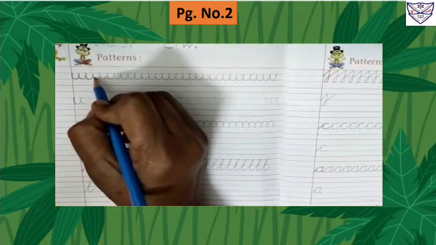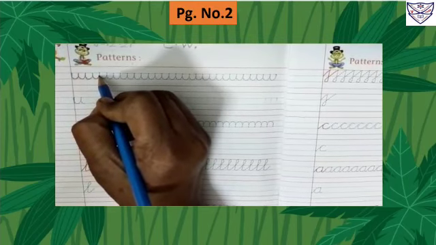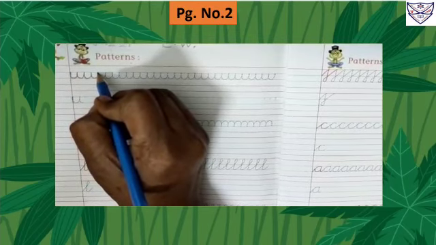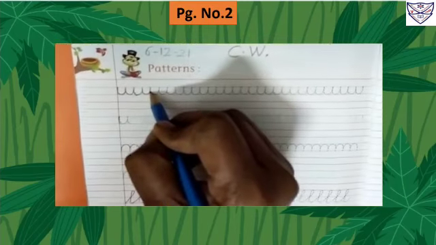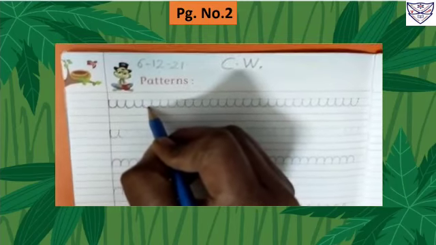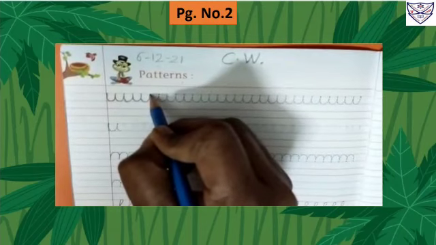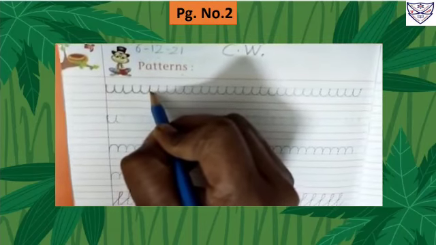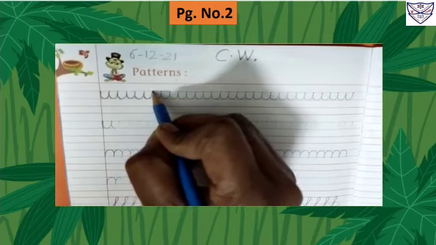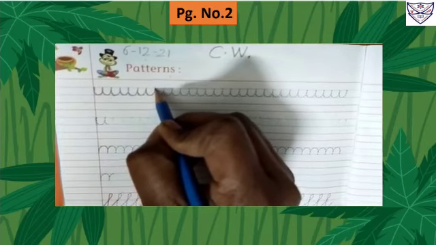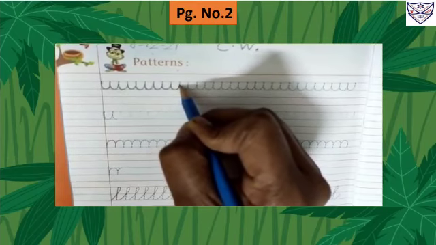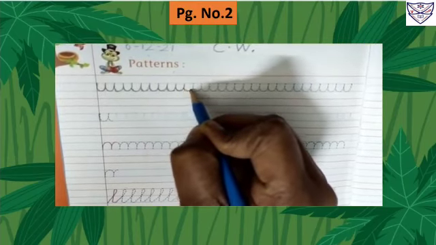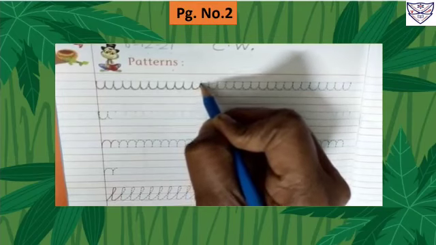Come down on the same standing line, touch the second blue line. In this way, you have to make this pattern. Touch the line and write.